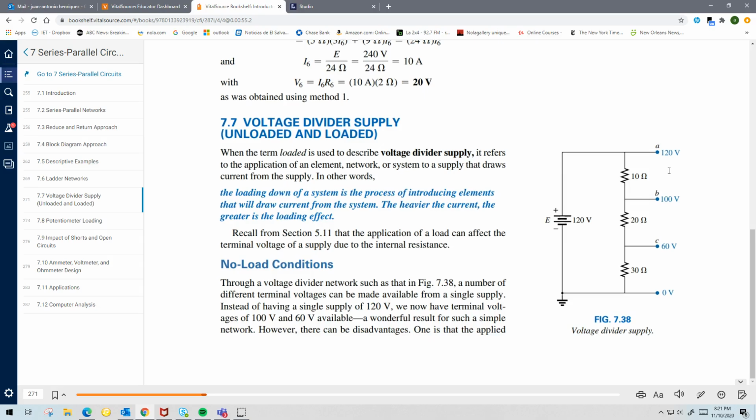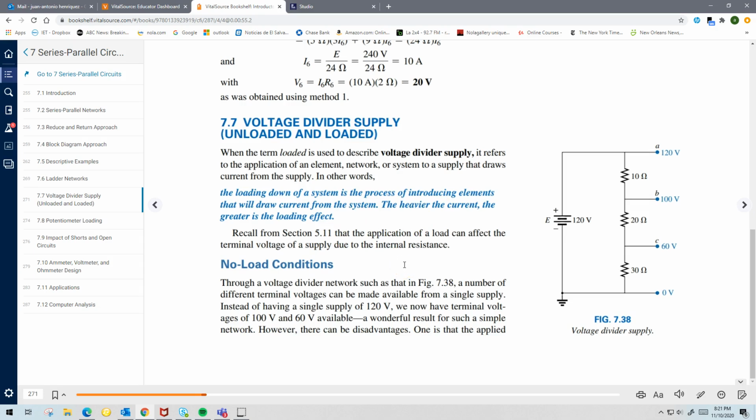Okay? Because once you put a load, once you put a resistance across the circuit, the system is going to change the conditions. Loading down the system is the process of introducing elements that will draw current from the system. The heavier the current, the greater will be the loading effect.